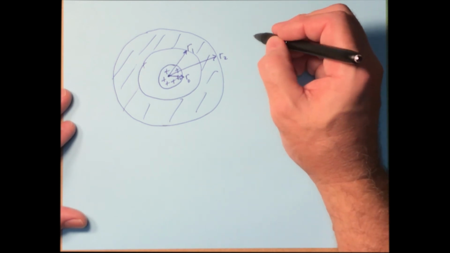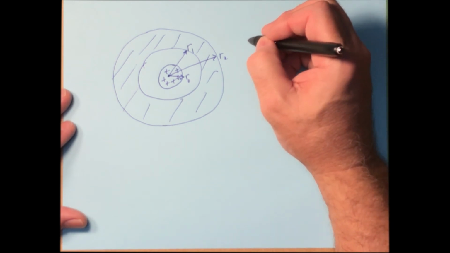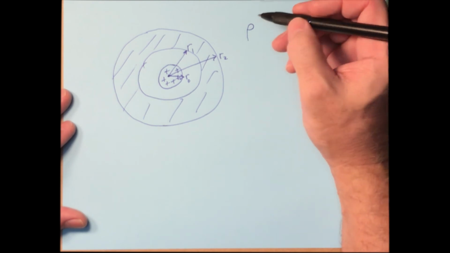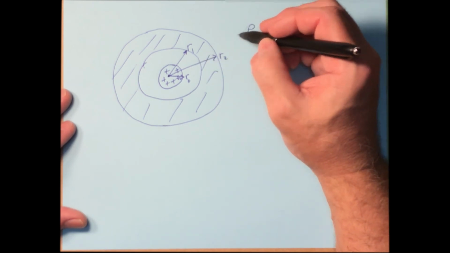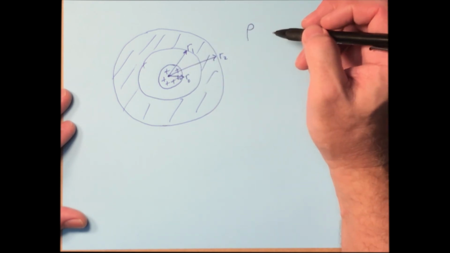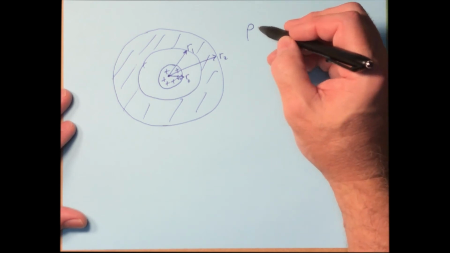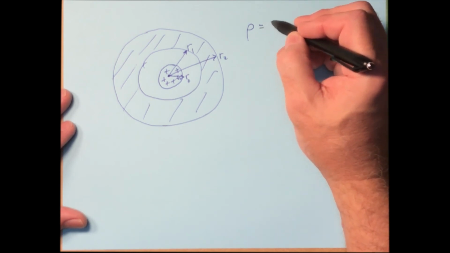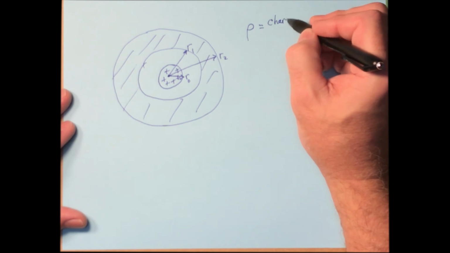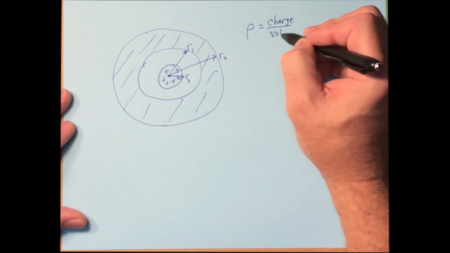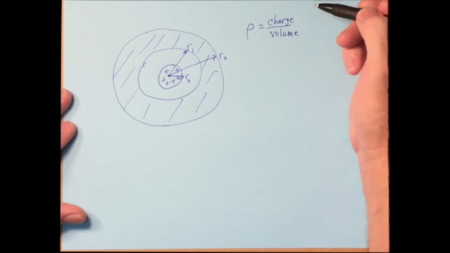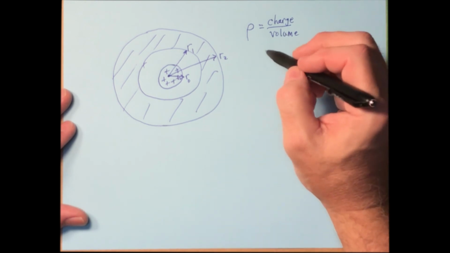Well, let's say what is known about this is we have a volume charge density rho that is present there at the center, and that is a known value. So that is charge per volume. And in this case, we could figure out what the total charge is.